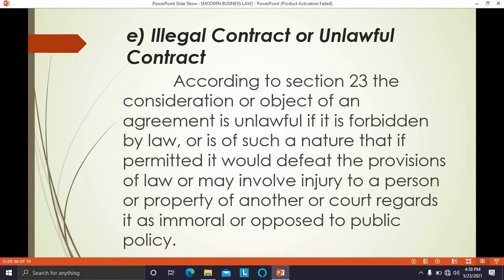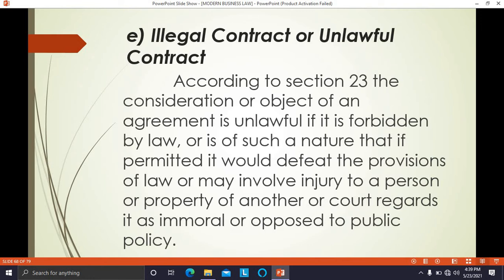So any agreement in which the consideration or object, meaning the purpose or the reason for which the contract has come into existence, is unlawful, which is not lawful, against the law, or forbidden by law.